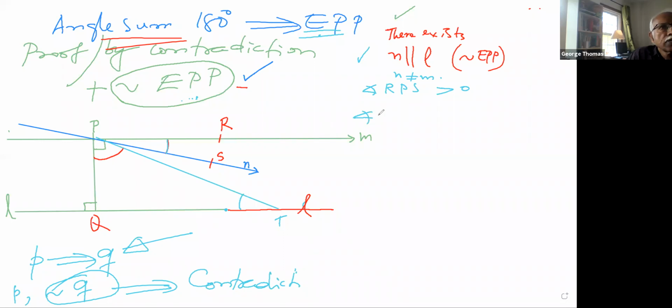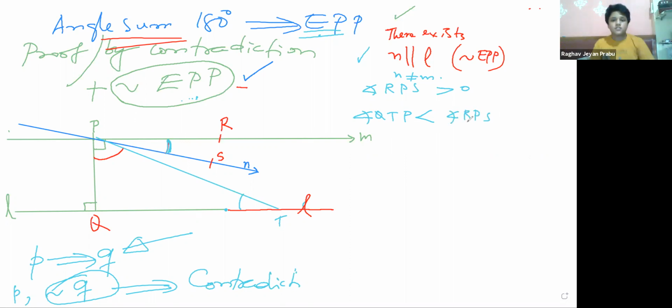Angle QTP, tell me, is less than RPS. You can go far enough, make it so small that it is less than this. Agreed?